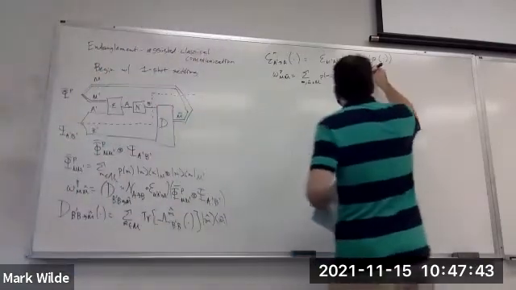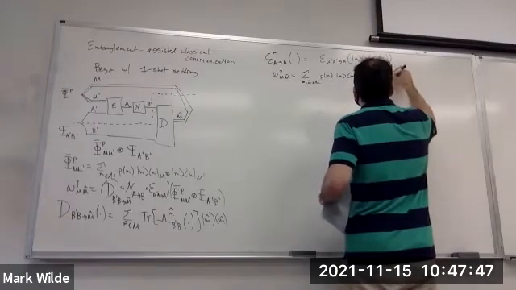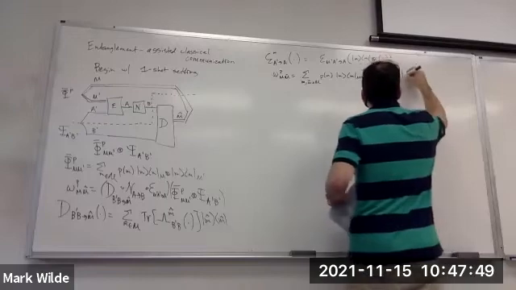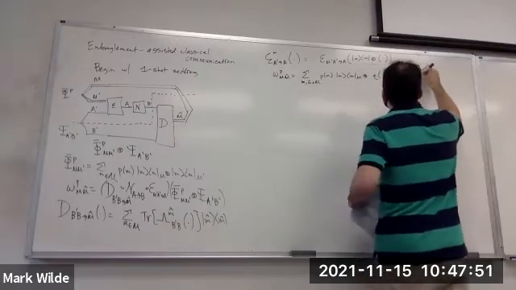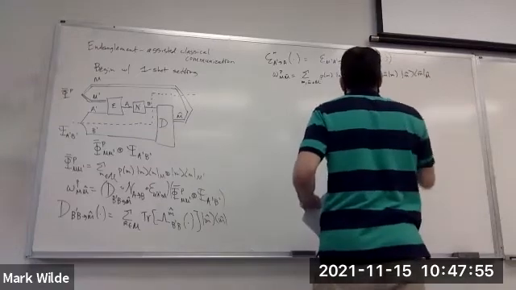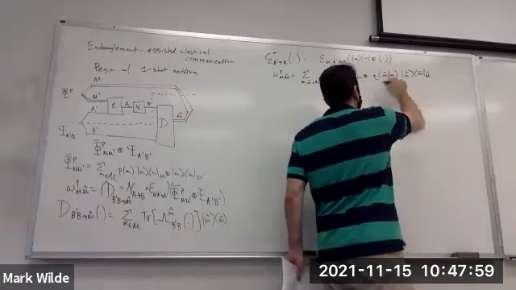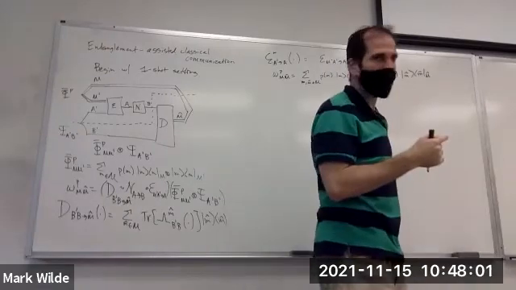And so this gets tensored with a conditional distribution, where we're going to define this right now. This is the probability that the decoder outputs m hat when m is input. Okay.